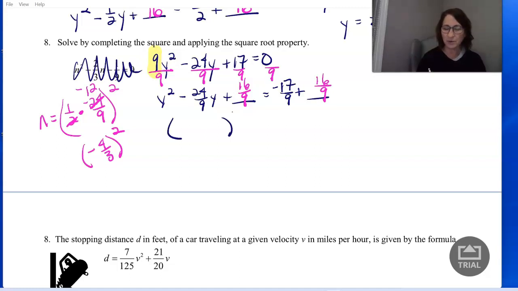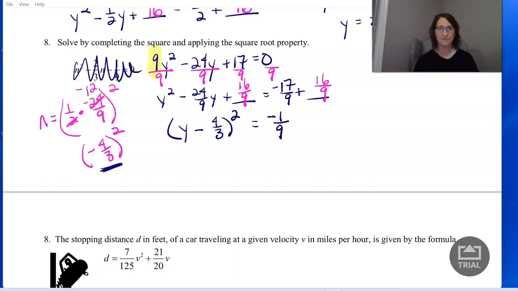I can bring that to a binomial squared. So that's going to be y minus, now if I take the square root of 16/9, that gets me right back to my 4/3. And then if I take negative 17 plus 16, I get negative 1/9.